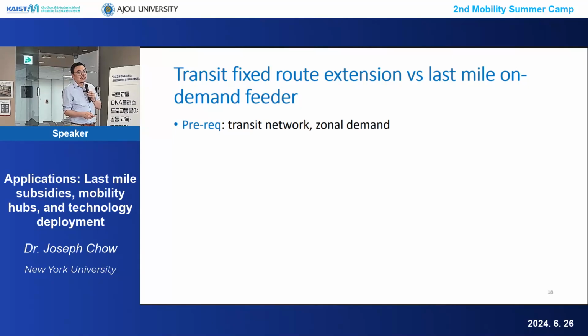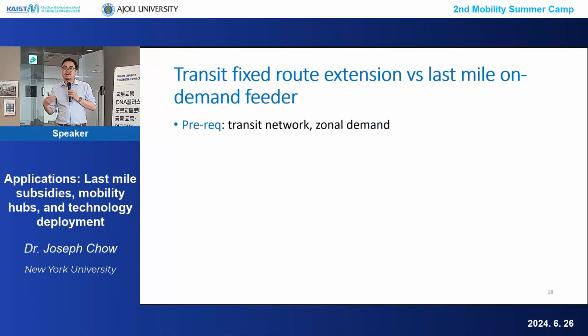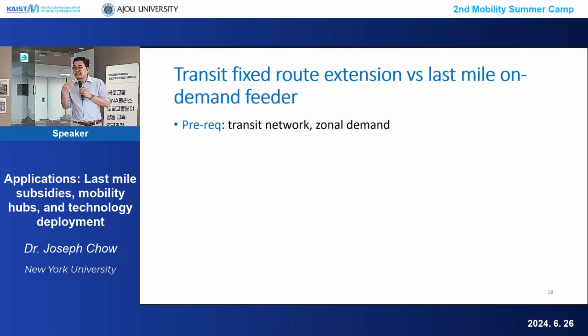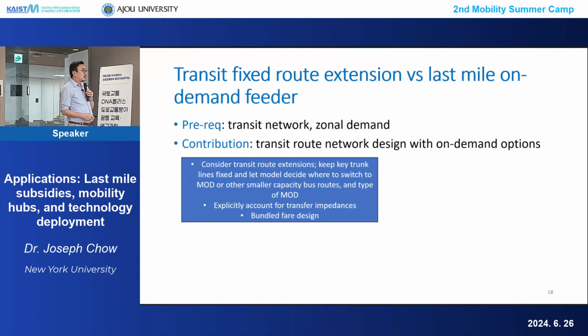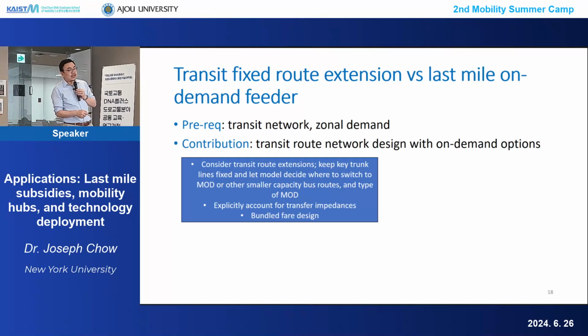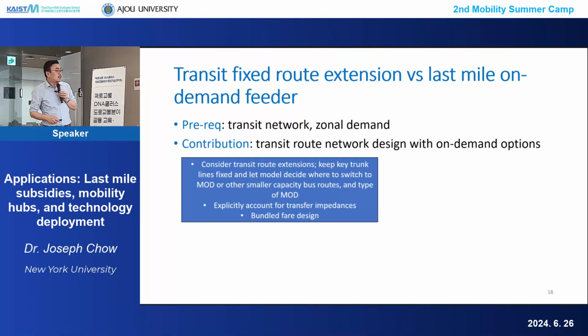But in this context, we can look at it in a more multimodal setting, right? Involving other mobility providers, and also that pricing incentive. How do we consider that exchange between the agencies? So if we start out with transit network data, which is very easily accessible, like GTFS data, zone data.